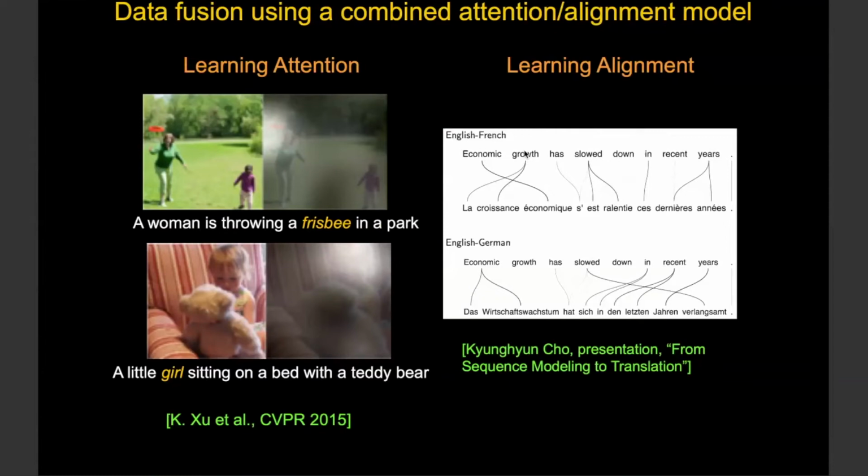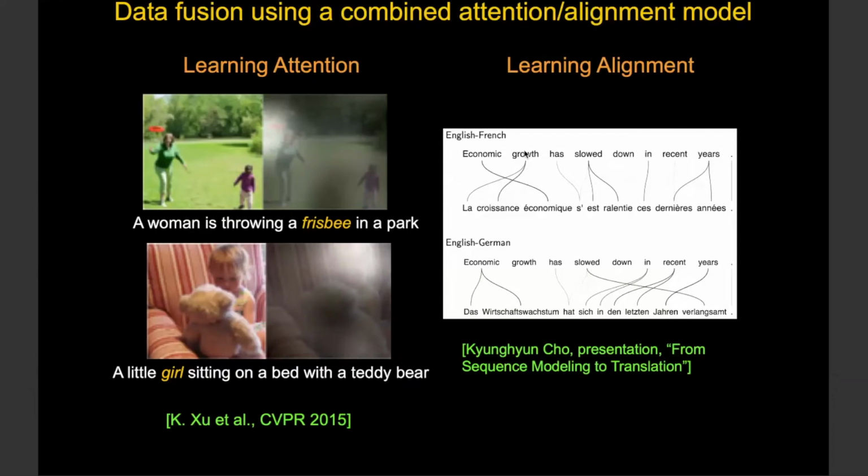An attention model would be, for example, you've got figures with captions, and what the model is learning is if I highlight a word in the caption, tell me what in the image is relevant to that caption. So that's the attention model. The alignment model is used for translation. So for example, English to French, I might go from one word to two. The words might be in a different order.